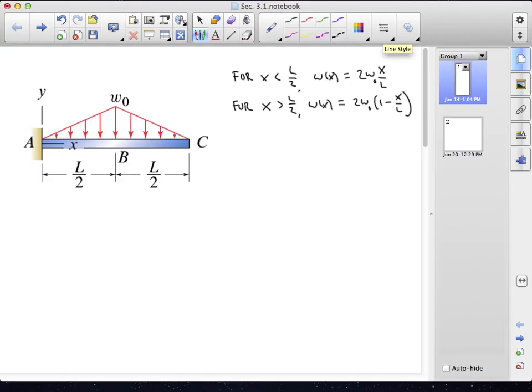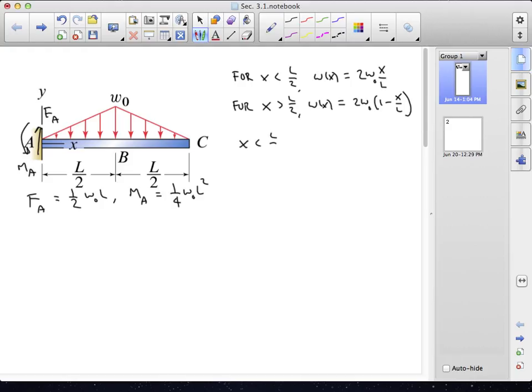We previously found our reactions at A, which we'll represent here. Both of these were positive. FA was equal to 1/2 W0L, and MA was 1/4 W0L squared. We'll break our problem into two intervals.